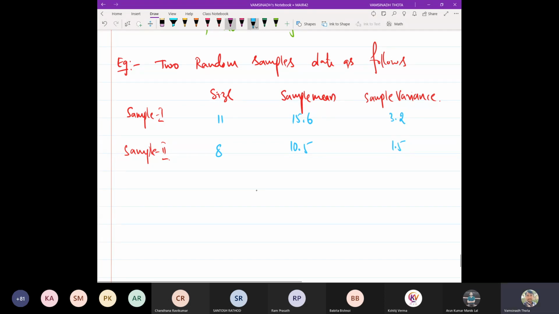Now the question is, first, is there any significant difference between the two sample means?